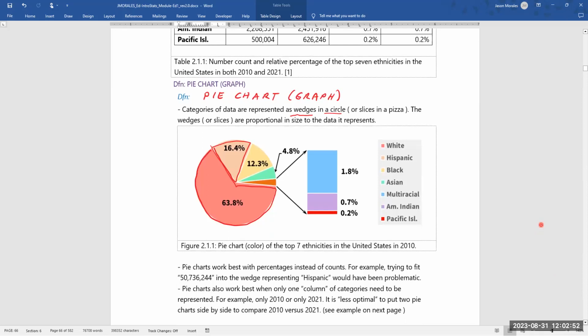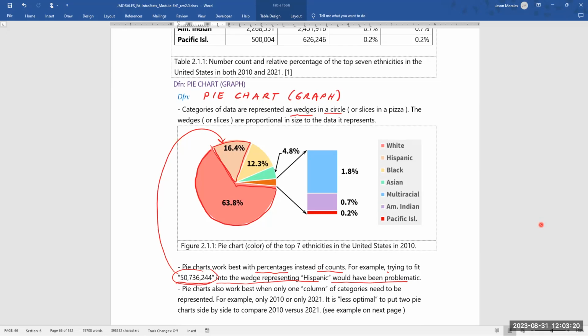Pie charts work best with percentages instead of frequency counts. For example, trying to fit the number 50,736,244 into a wedge representing Hispanic would have been problematic. Trying to fit this number inside that wedge would have been harder than using the percentage 16.4.